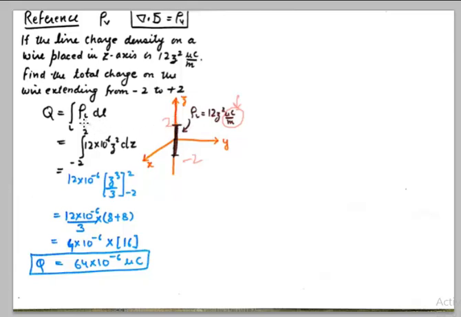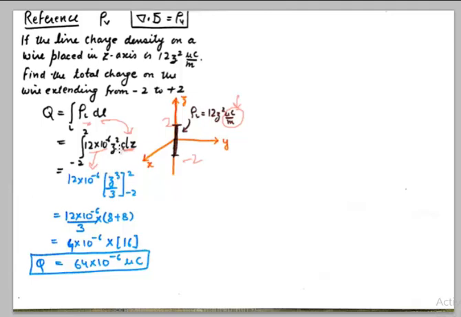So rho L is 12 into 10 to the -6 microcoulomb z square, and dl will be replaced by dz because the wire is placed on the z-axis and the limits range from -2 to 2. So solving this, the constant comes out.